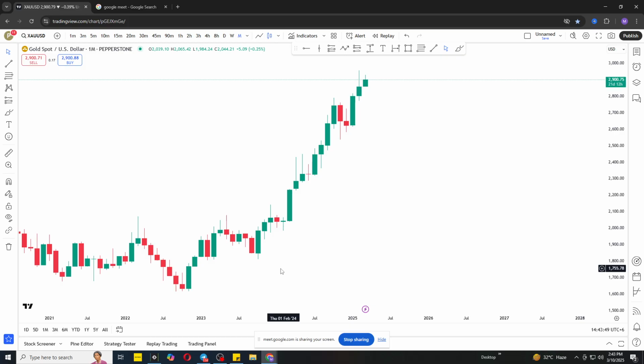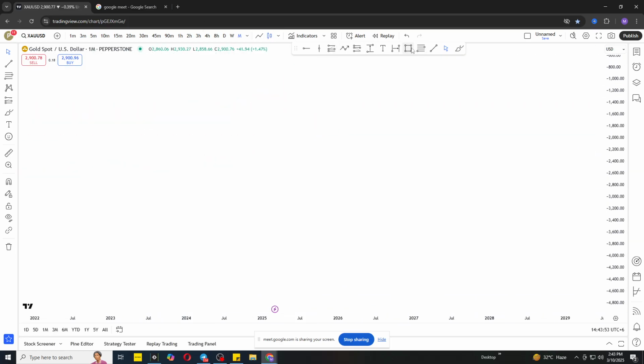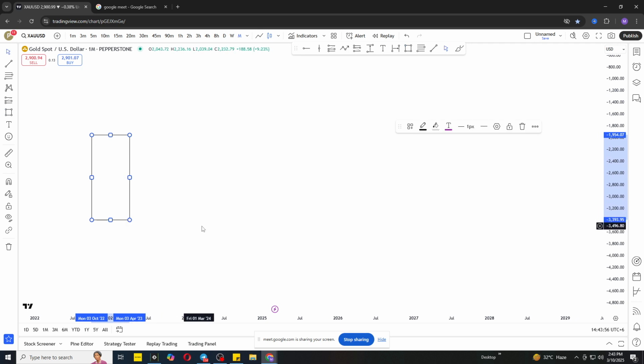Let's say this is a candle. You may not know if it is a buy candle or sell candle. You don't know yet because we have not even identified where it started.